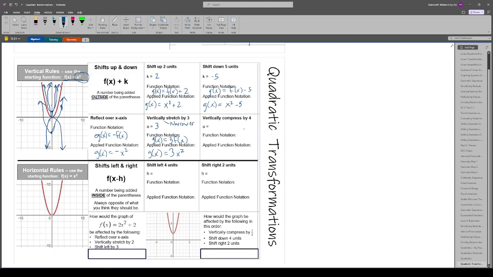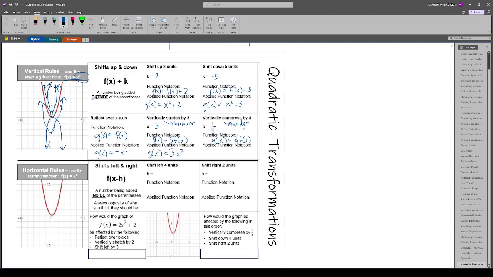Vertically compressed by 4. A is going to be equal to 1 over 4. And we're going to have a wider graph. So here, g of x equals 1/4 f of x.